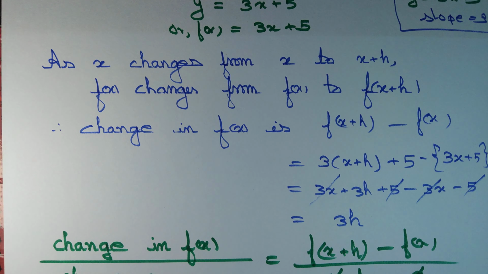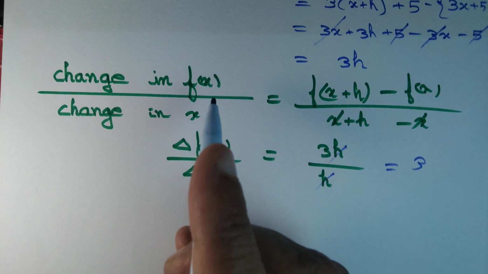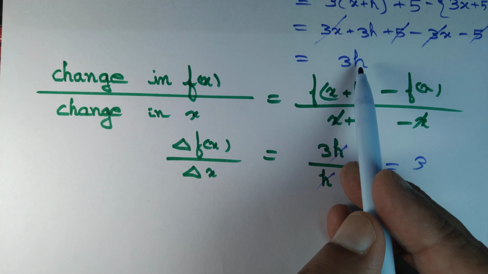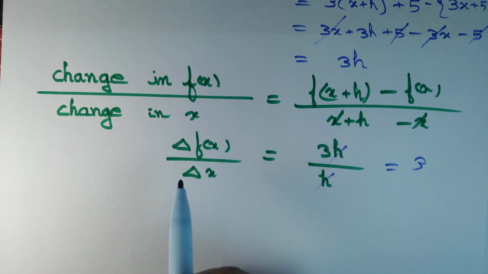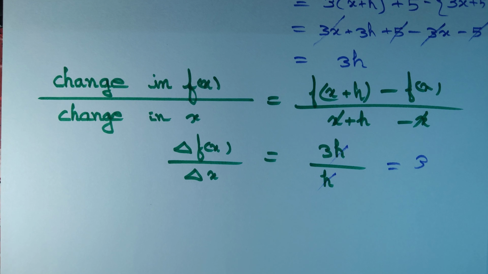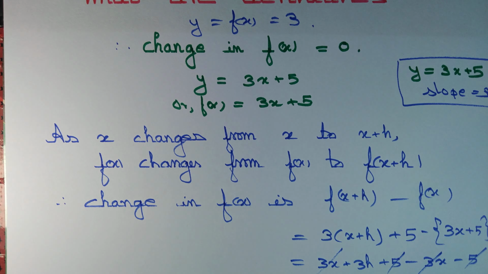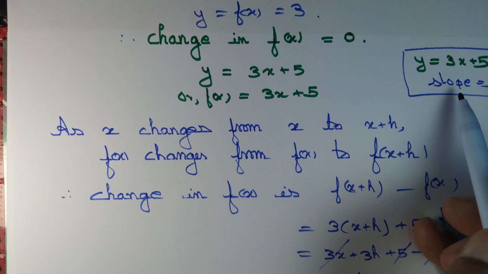Then we took a linear function f(x) equal to 3x plus 5, and found that change in f(x) is not constant, that's 3h. But change in f(x) divided by change in x is a constant, equal to 3, which is the slope of the curve 3x plus 5. It's just a straight line, and the slope has turned out to be 3.